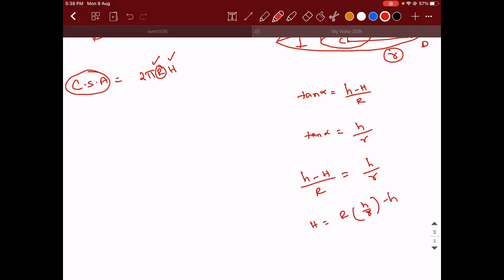Correct? Small r h minus capital R into H. Is this right? Now it's correct, sir.